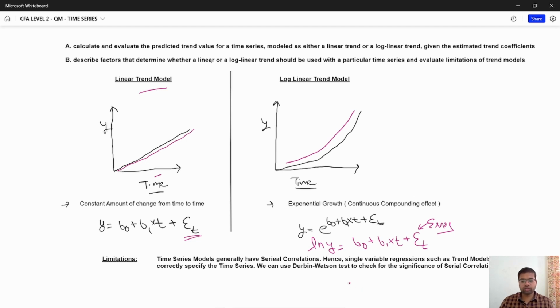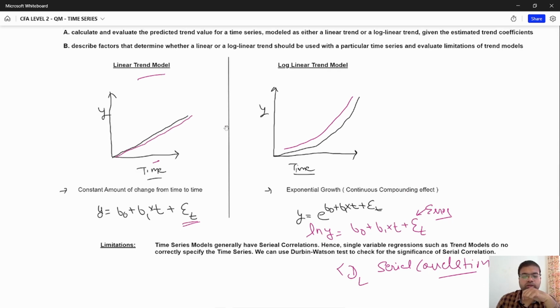If the DW stat is lower than the critical lower value of the DW stat, then we can say that serial correlation exists. And if serial correlation exists in the data, you cannot use the linear trend model or log linear trend model. So this explains learning outcome statement B: describe factors that determine whether a linear or log linear trend model should be used.